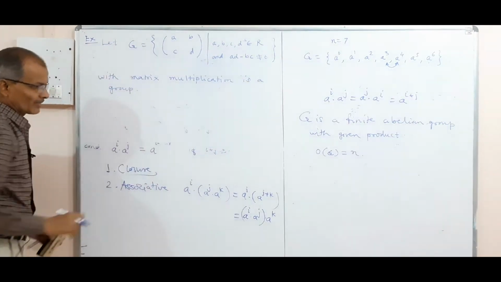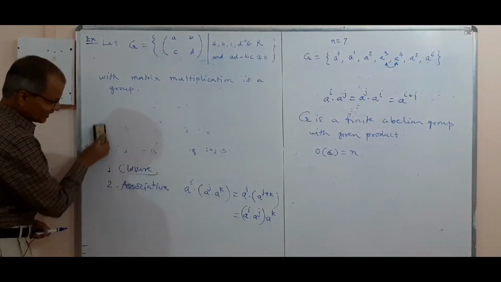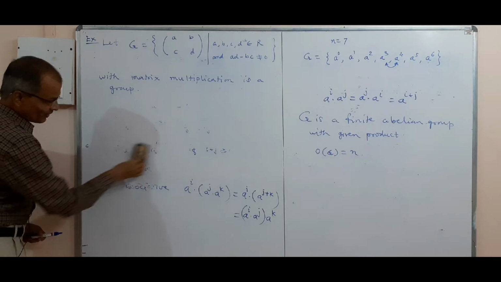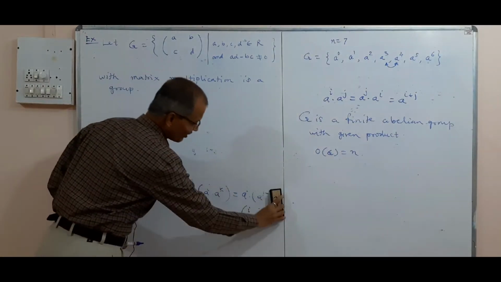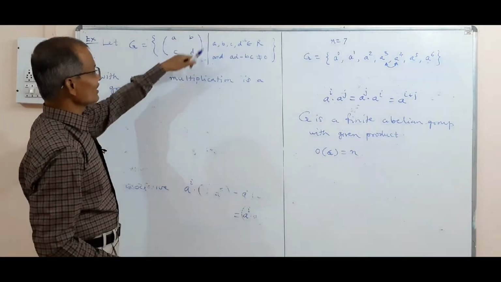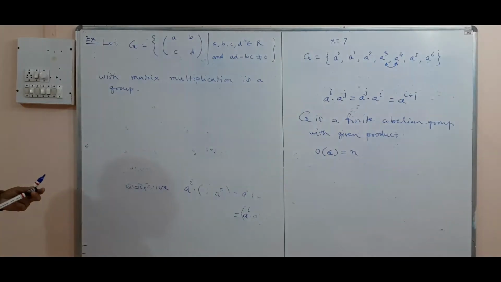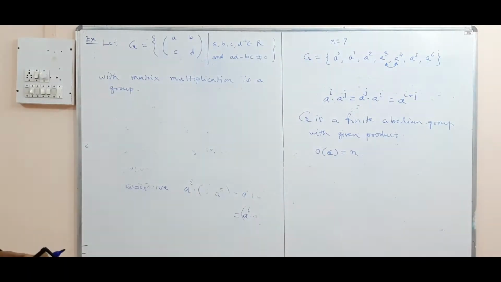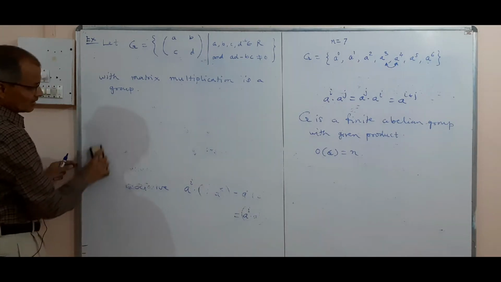Now we shall briefly verify the properties. Whether the closure property is satisfied, we know the properties of matrices. The matrices we have considered are non-singular. The determinant of this matrix is non-zero, and therefore the matrix may be called a non-singular matrix.